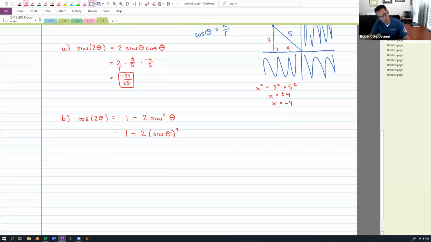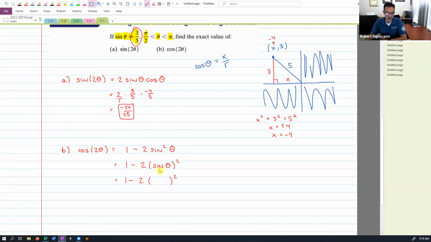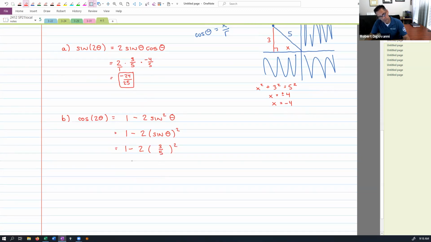So here for us, we're going to put 1 minus 2, and then in the parentheses goes what sine of theta is, which was given to us as 3/5. So this is the fraction 3/5. And now we square our fraction, so you square the top and bottom. So this is 9 over 25.